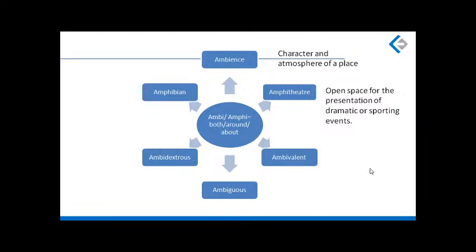Ambivalent, valency is leaning. If you have a background in chemistry in school, you know that there is positive valency, there is negative valency. Positive valency means there is a change in the charge and the atom is going to attract a negatively charged ion to become a stable compound.